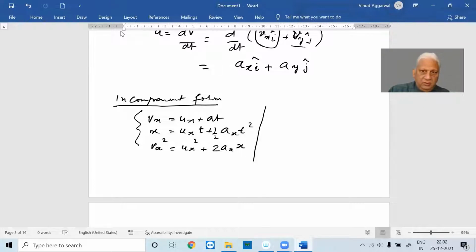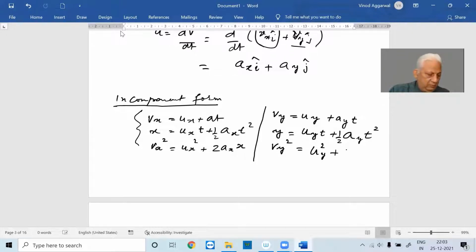Similarly for the y component, the same. Distance traveled in the y direction is equal to initial velocity in the y direction times t plus half ay t squared, and velocity in the y direction squared is equal to u squared plus 2 ay y. If there was another component in the z direction, exactly the same thing, right?